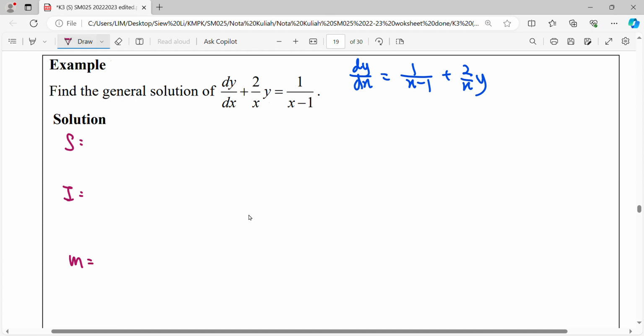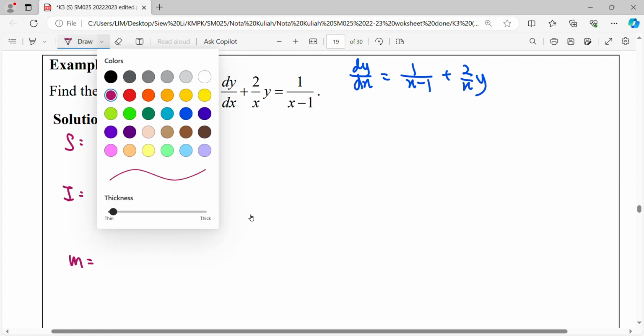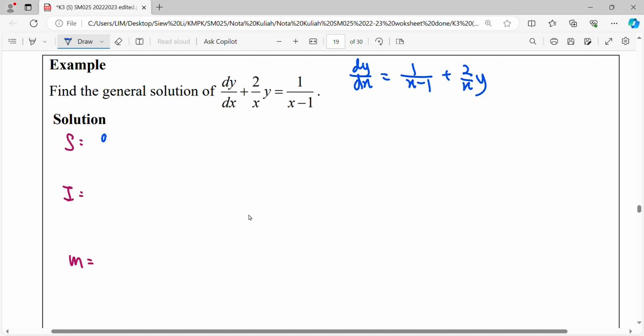For the first S, look for your standard form, where we start with dy/dx as the first term, then plus the term of y in the middle, and then equal to the remaining term on the right hand side. From here, we want to identify our P(x), which is the coefficient of y, which is 2/x.